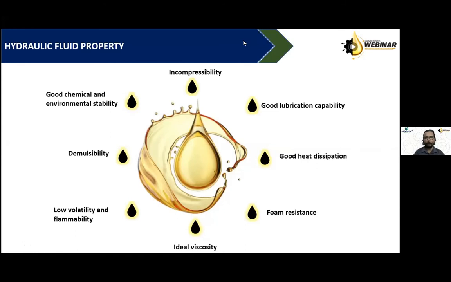And if the specific gravity is high, then water will settle on the top of the oil. In both the cases, that water is not going to enter into the circuit if oil is demulsified properly.